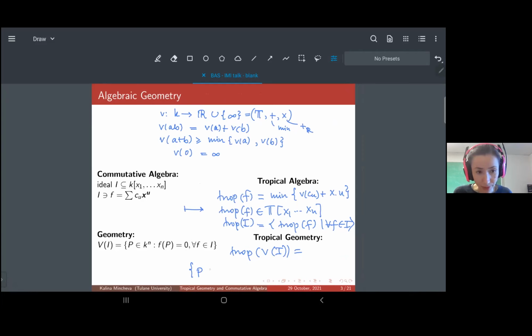Now, what's the motivation for doing any of this? Well, the motivation is there's a lot of applications to algebraic geometry.